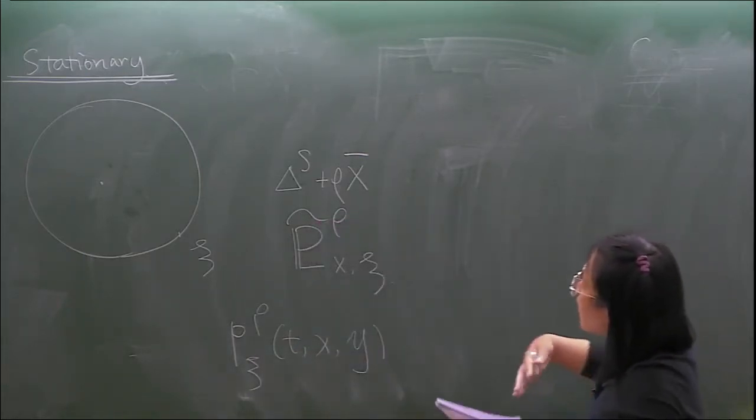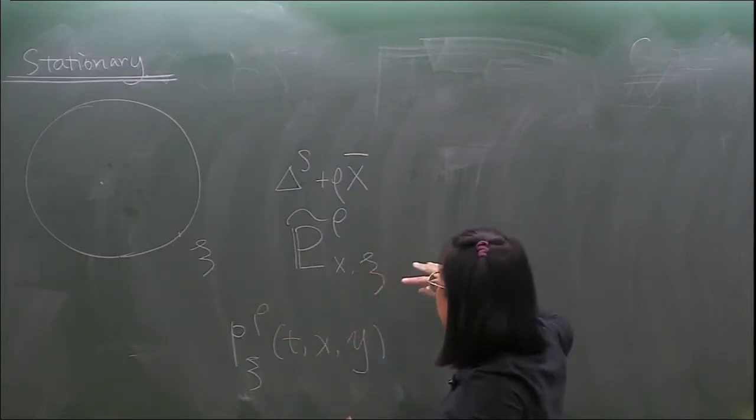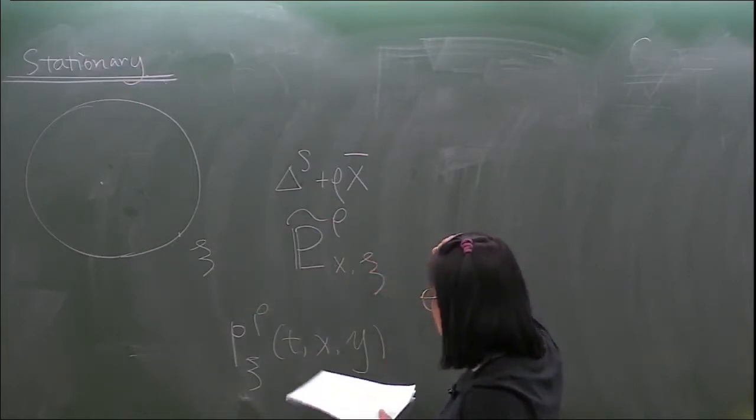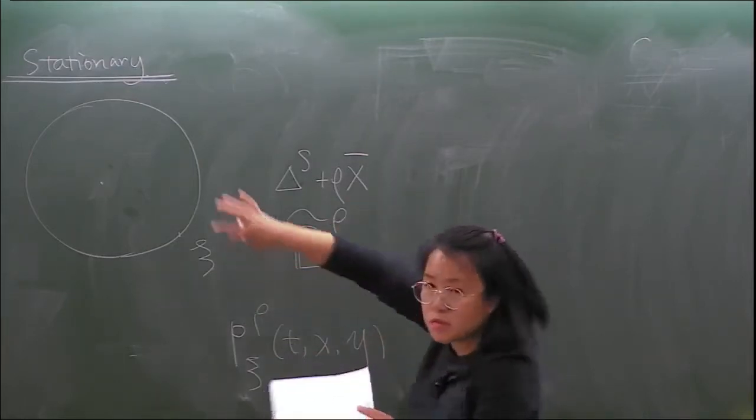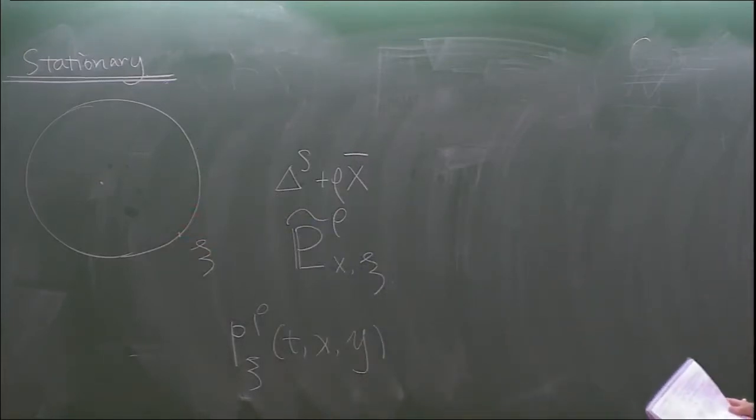So not only do we define the stationary measure, we define this family of leafwise diffusions. And then you will have a Markov process, right?